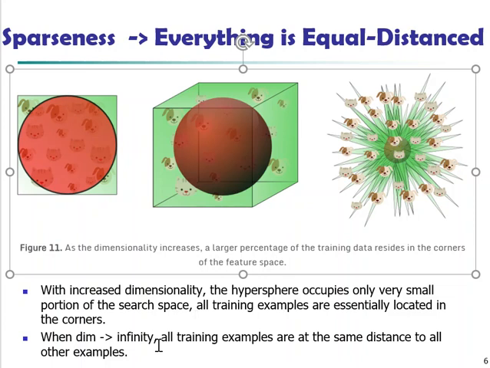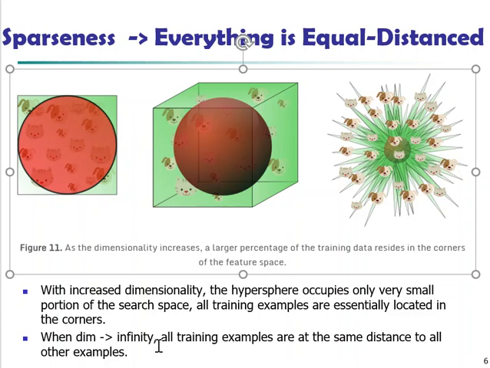When the dimensionality approaches infinity, people have mathematically proved that the distance between any training examples is the same. So you cannot really say this observation is more similar to another because its distance is closer. Every observation is going to have roughly the same distance.